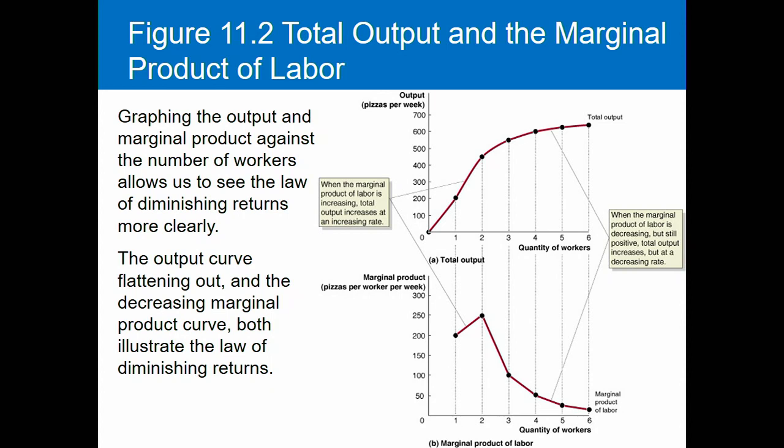Here's our marginal product. So we see that initially increase from 1 to 2, and then we see it going down to 6, all the way very low when adding that 6th worker. For those of you that had to take calculus, this is the marginal product right here. The derivative of this shows the rate of change. So you can see as this curve gets steeper here, you have an increase here.